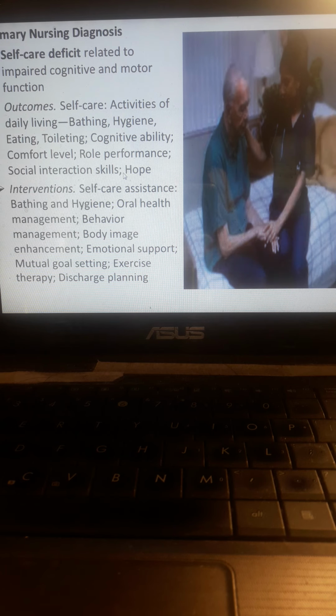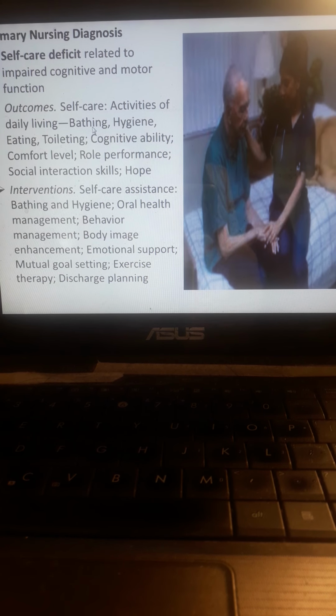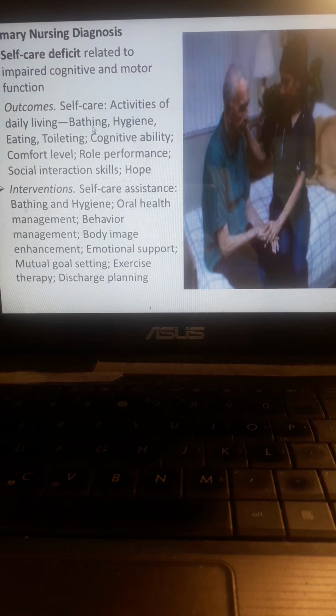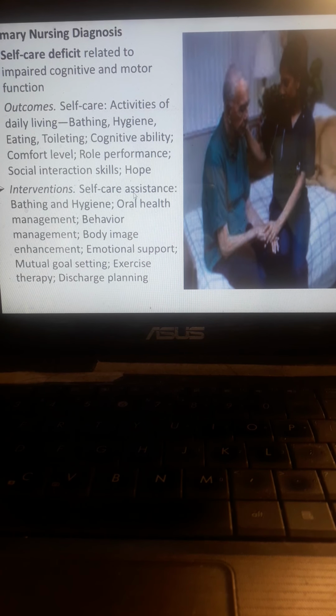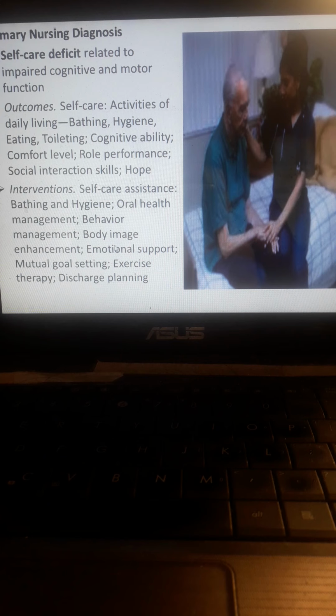Because sometimes a patient who has lost memory no longer knows their hygiene, even bathing. Okay? So during that self-care, especially for their cognitive and motor functions, you counsel the patient little by little so the memory can be revived. So, interventions: self-care assistance, so bathing, hygiene, take note, oral health management, important, behavior management of the patient, body image enhancement, emotional support, mutual goal setting, exercise therapy, discharge planning.